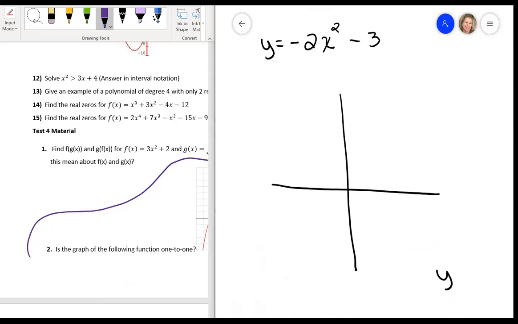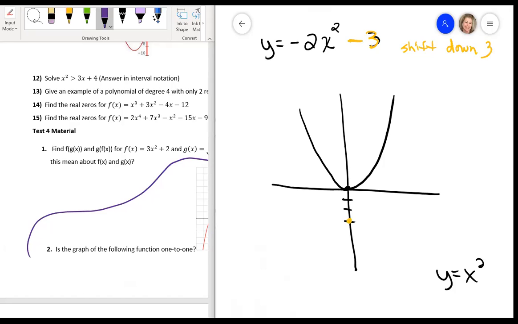You'd be starting with y is equal to x squared, which basically looks something like this. But then I'm going to start with the minus 3. The minus 3 is going to shift it down 3. So 1, 2, 3.